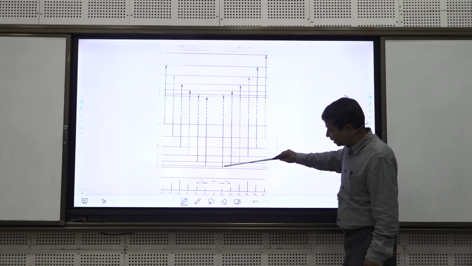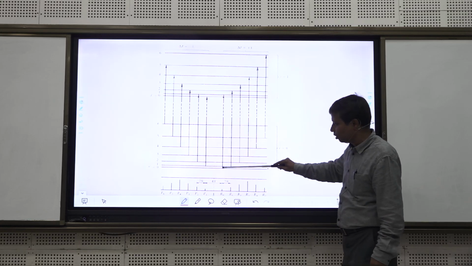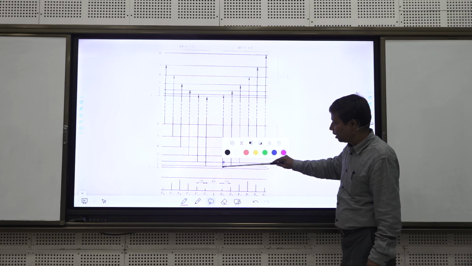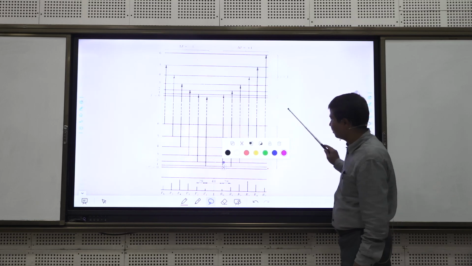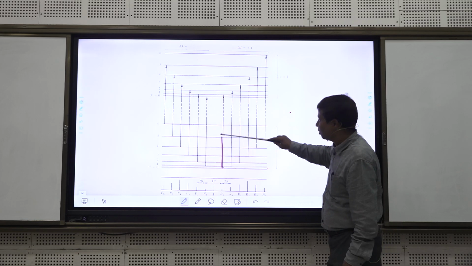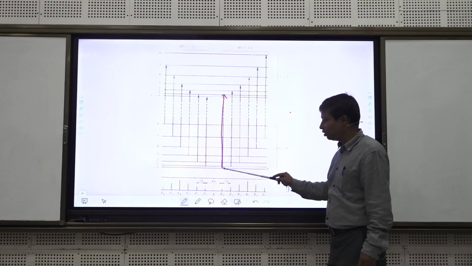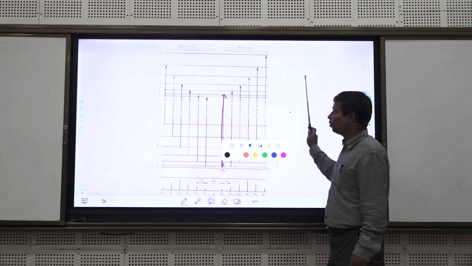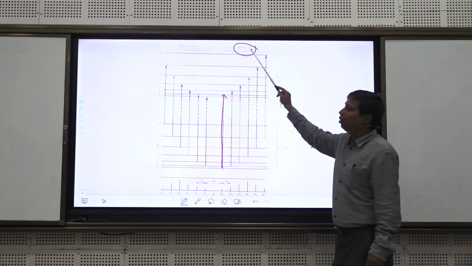Follow wherever I am touching. Now we are in V equals 0, J equals 0 here. Let us go from J equals 0 to the next one. We are following delta J equals plus 1.